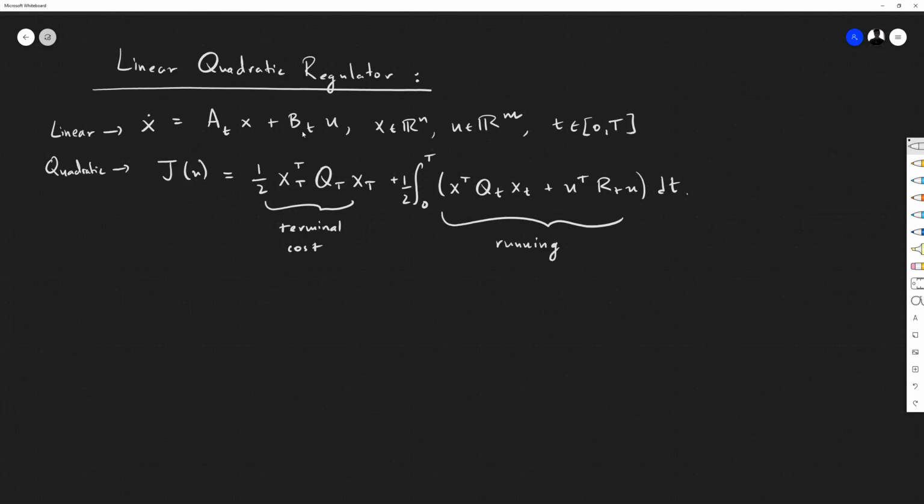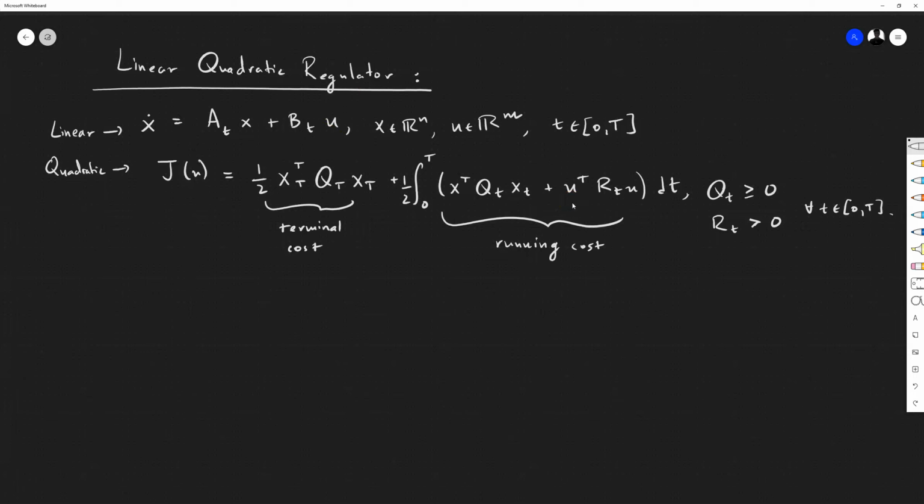And of course, it's quadratic in both the state and the control. Additionally, these weighting matrices Q and R could be time varying as well. The only condition is that Q_T has to be positive semi-definite, and R has to be positive definite for all time.